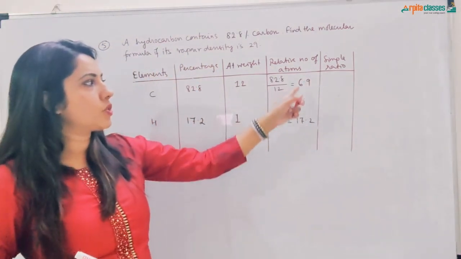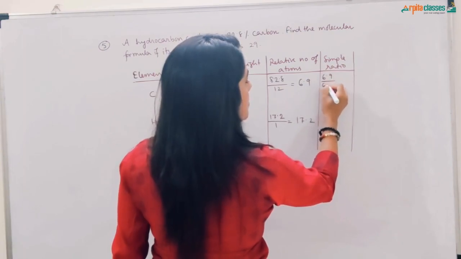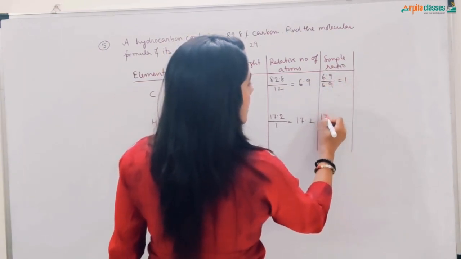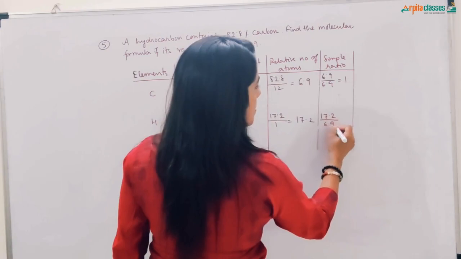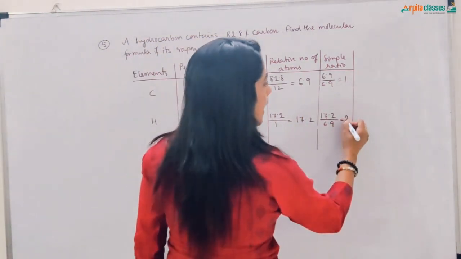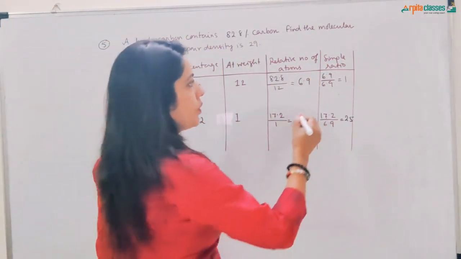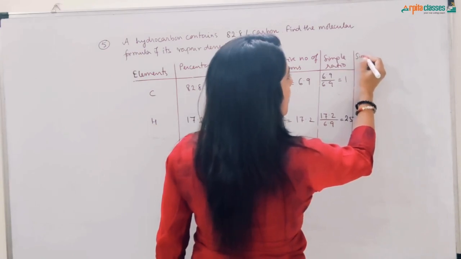So now among these two, 6.9 is a smaller value, so we'll divide by 6.9. 6.9 upon 6.9 is 1. 17.2 upon 6.9 will give you 2.5. Now when we get 2.5 like this, we have to do one more column where we are going to write down the simplest whole number ratio.